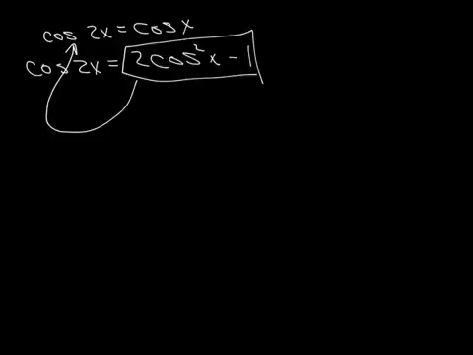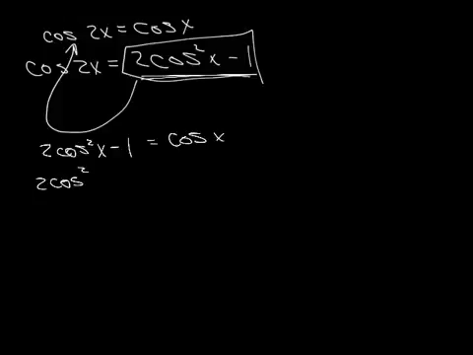Alright, so what we're going to do here is rewrite this as 2 cosine squared of x. I'm going to take this, and we're going to say that that is equal to cosine of x instead. Then we're going to put all of this on the left-hand side, so 2 cosine squared of x minus cosine of x minus 1 equals 0.